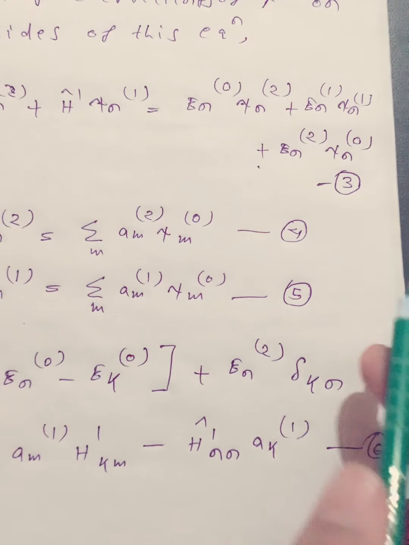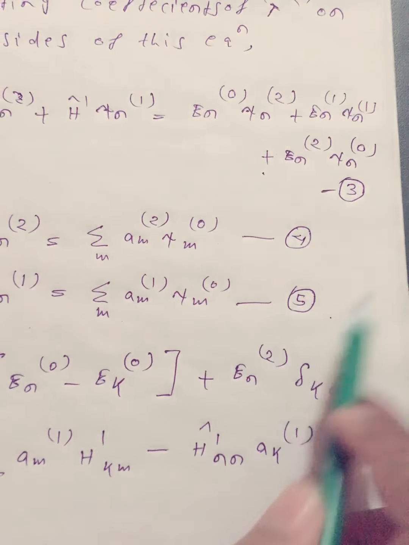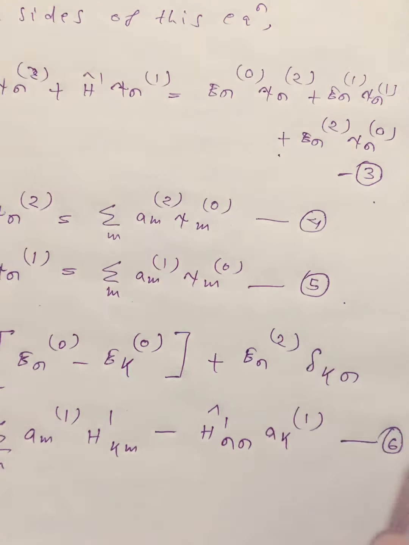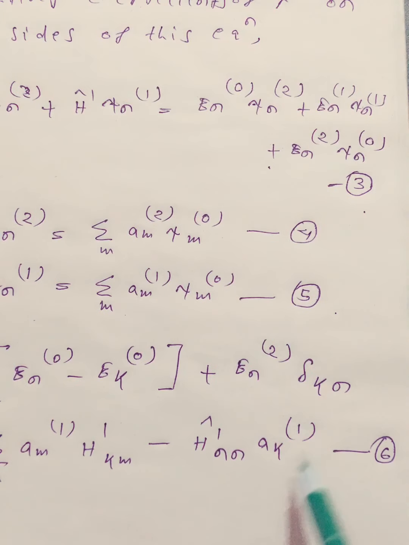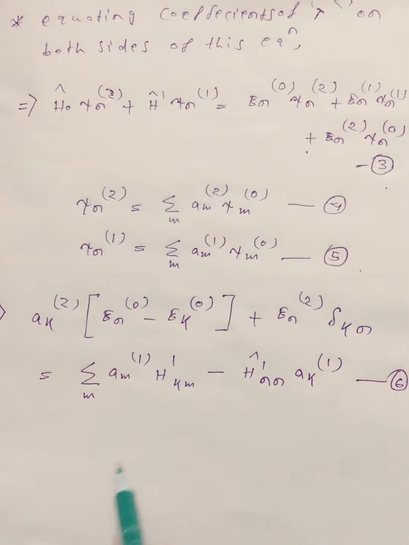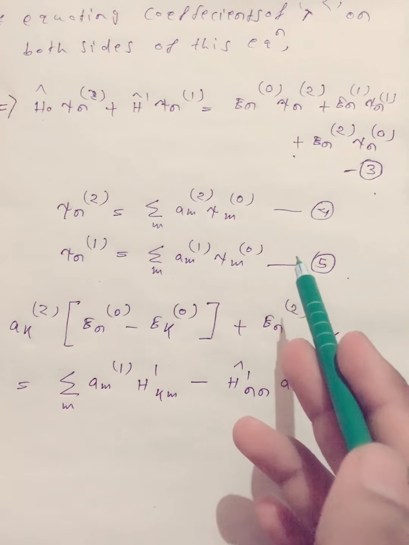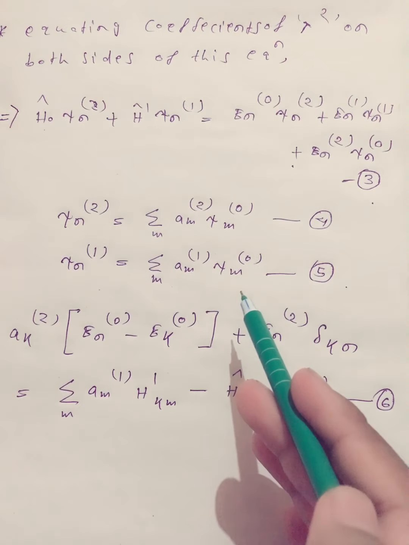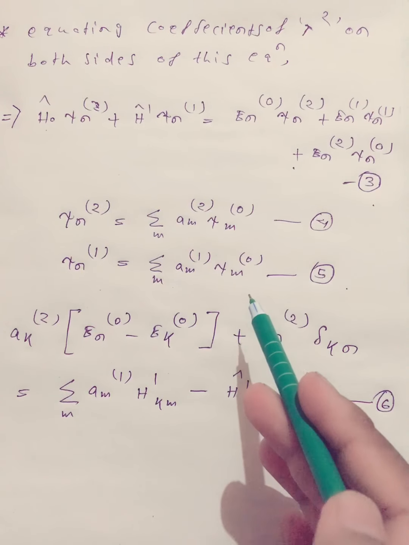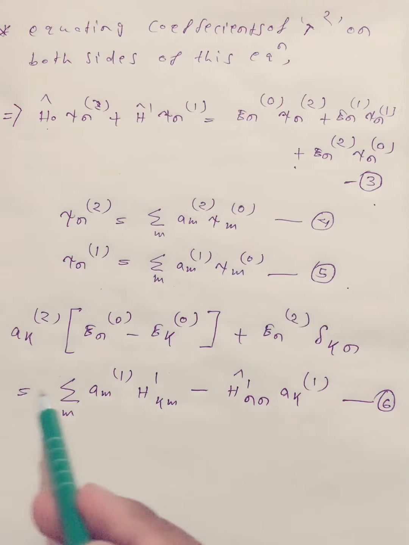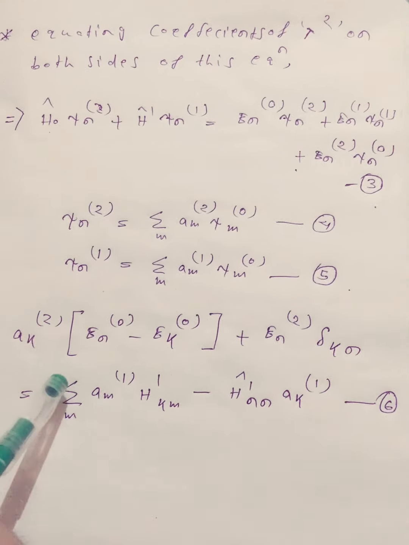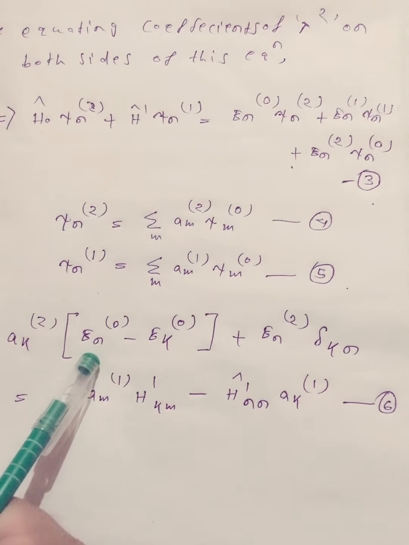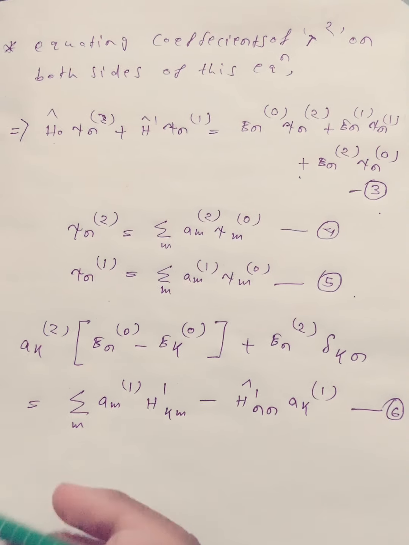After putting equations 4 and 5 into equation number 3, you get this final equation. How to solve this equation? Go to my episode number 2 to get the idea of how to solve it. After solving, you get the final equation, and then two cases will arise.